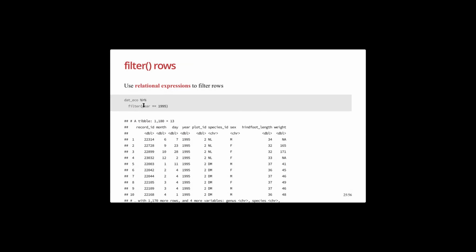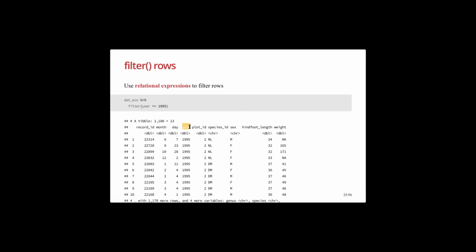So give me every row in this data set where the value for year is equal to 1995. And if I execute that on my little ecological data set, it spat out all my variables because I said I want the whole data set, but I only want the rows where year is equal to 1995.